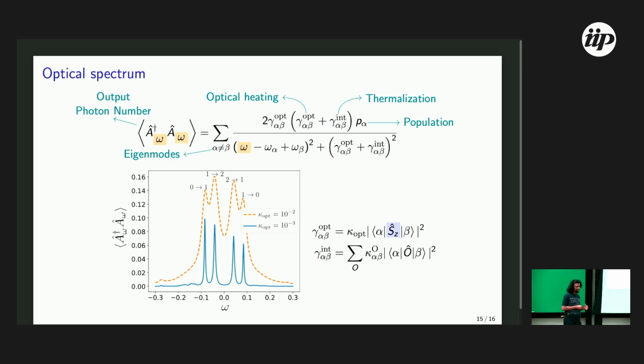Kappa opt encodes the dissipation of the skyrmion via radiation of photons. So of course, if you input laser power, then the skyrmion, because of BLS, can radiate out photons, which leads to losses. And so these are two different values of kappa opt. Don't worry about the actual number, but just like this is a smaller value, this is a higher value. That's all that matters here.